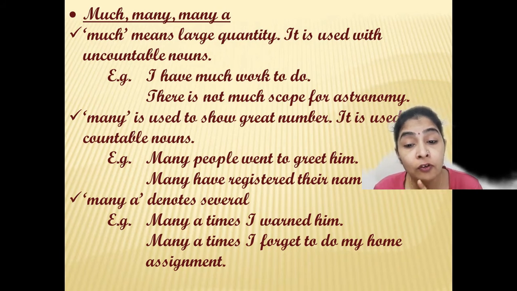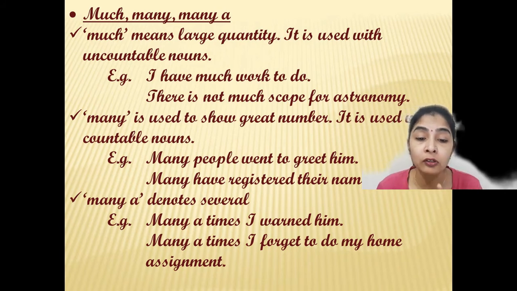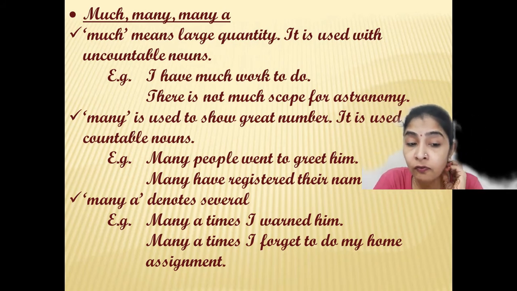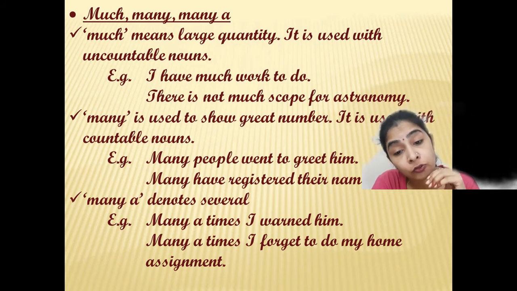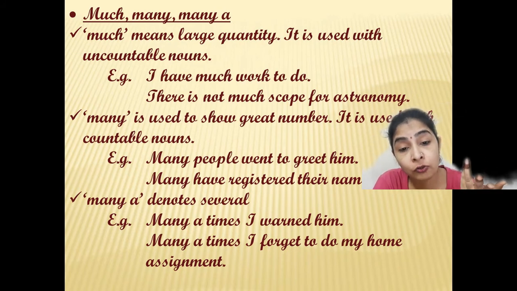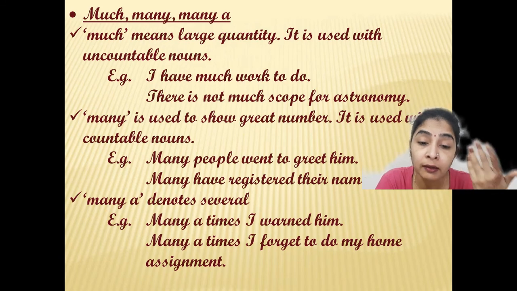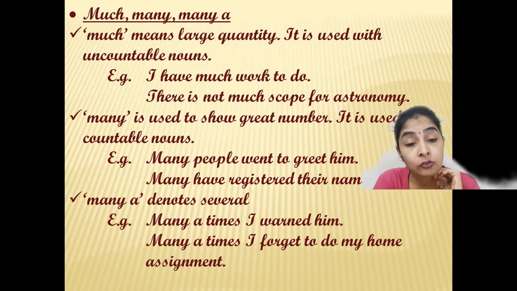Again we are using it for scope for astronomy, then it is not countable. But when we go for many, then it is used in case of countable noun. Again it is showing a great number. There also it was showing a great amount but not number. We can say it was uncountable, so great amount, but here we can say it is showing great number.